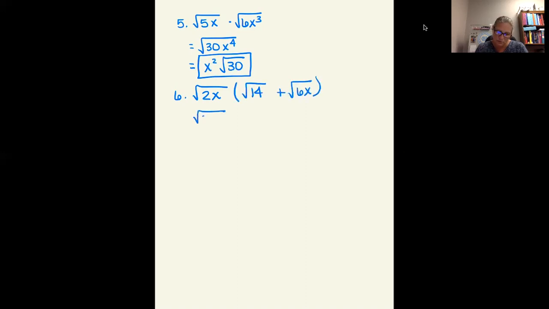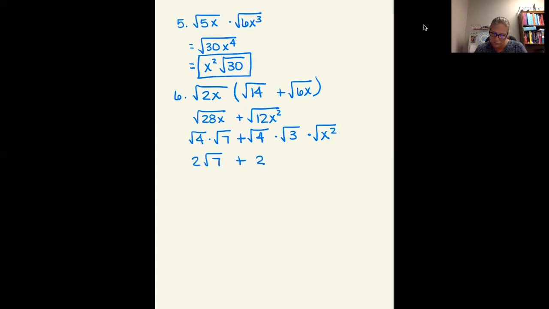Distribute: the square root of 28x plus the square root of 12x squared is the square root of 4 times the square root of 7 plus, that's a plus, the square root of 4 times the square root of 3 times the square root of x squared, which is 2 square roots of 7 plus 2x square roots of 3. That should be an x there, so we'll put that in. The radicands are different, so here is your answer.